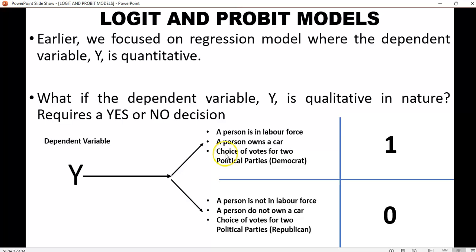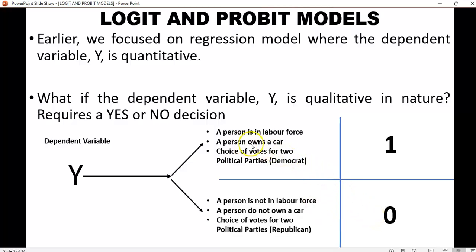And also, what about the choice of votes for two political parties, for Democrats and also for Republicans? What is required now is that we assign values 1 and 0. In this case, a person who is in the labor force, we assign 1, and a person who is not in the labor force will be assigned 0.